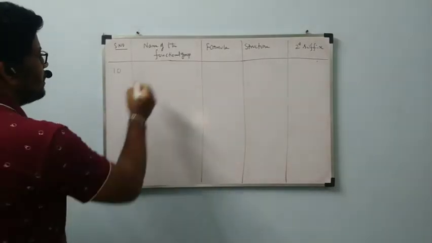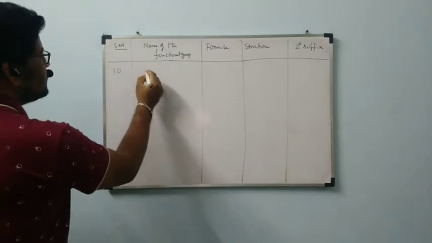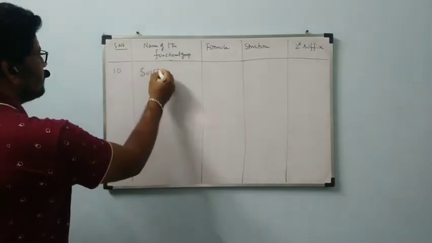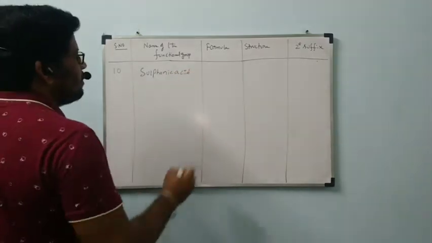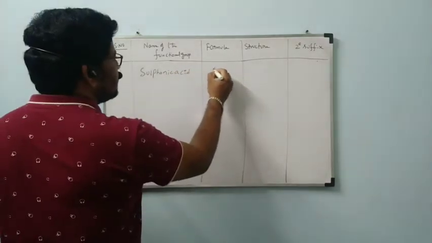Tenth one, name of the functional group: sulfonic acid. Formula SO3H.